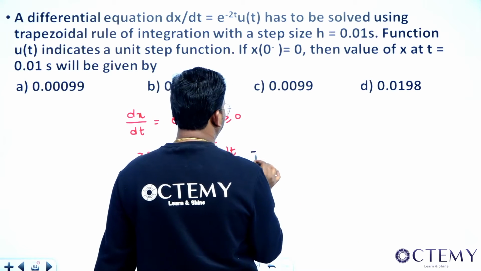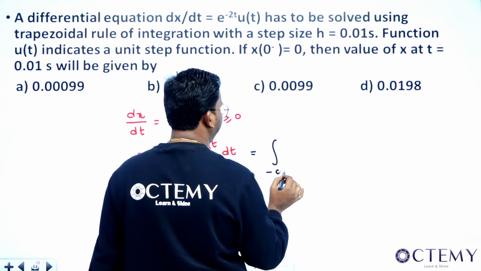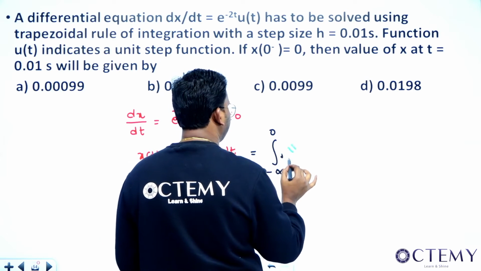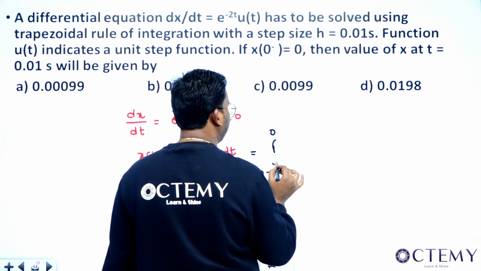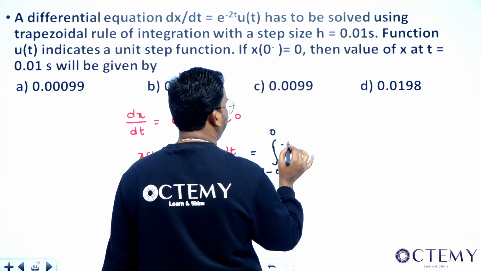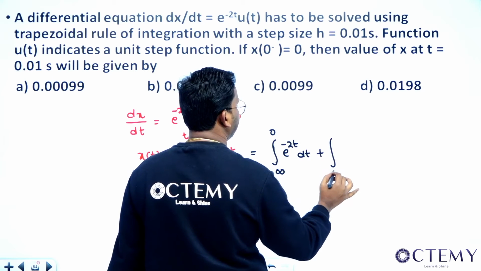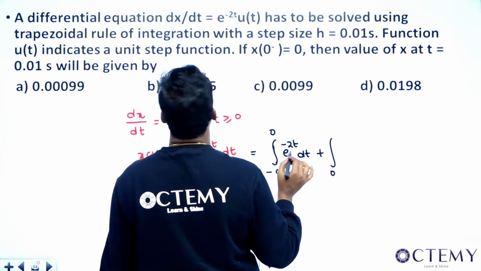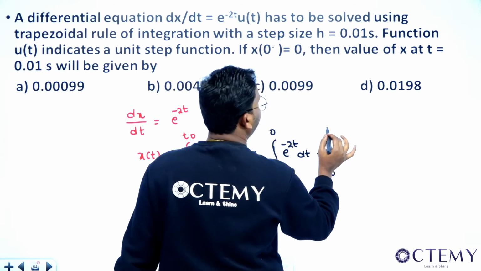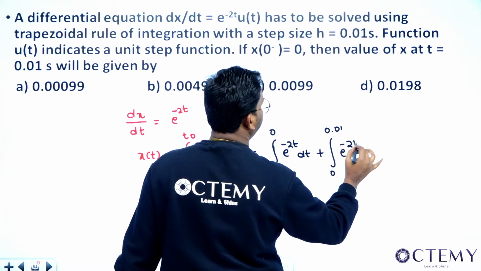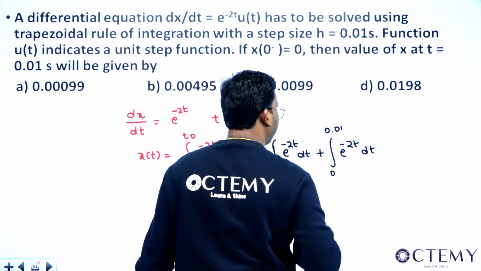This is what can be replaced as minus infinity to 0, say f of x. I'll replace f of x with e power minus 2t dt, plus 0 to t naught. Here is how much, sir? I want to integrate till 0.01, integral of e power minus 2t dt. Right?